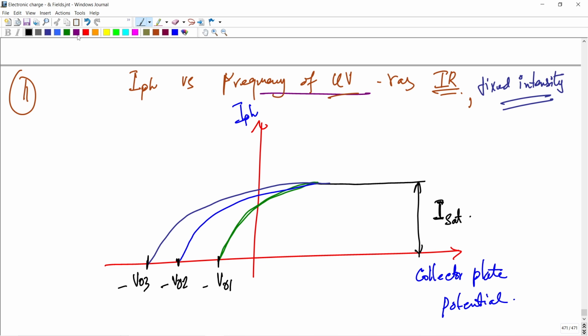There are three frequencies, frequency 3, frequency 2, and frequency 1, where frequency 3 is greater than frequency 2, which is greater than frequency 1.